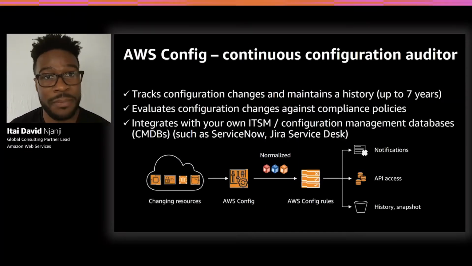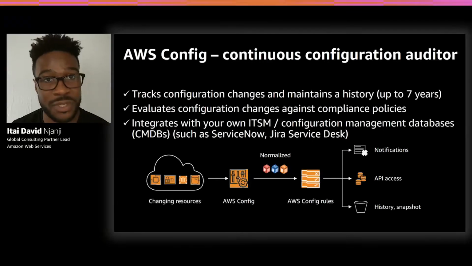Well, the first step is picking a compliance engine that allows you to consistently monitor configuration changes and compliance drift. For us, it is AWS Config. So let me talk a little bit about AWS Config. AWS Config is our configuration management tool here at AWS. It allows you to store configuration changes for up to 7 years.